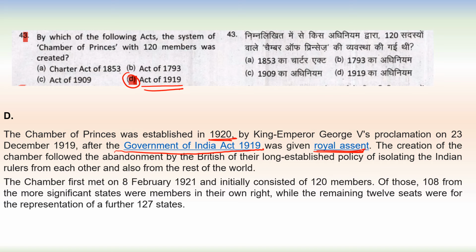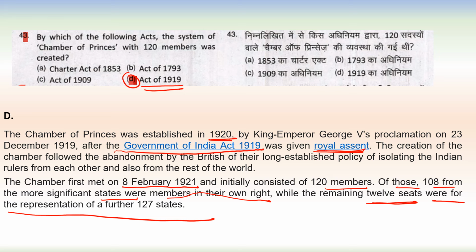And the chamber first met on 8th February 1921 and initially consisted of 120 members. Of those, 108 from the more significant states were members in their own rights, while the remaining 12 seats were for the representation of the further 127 states. So this Chamber of Princes was created through the Act of 1919.